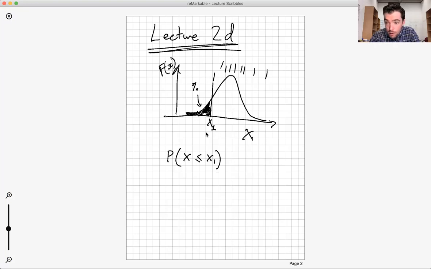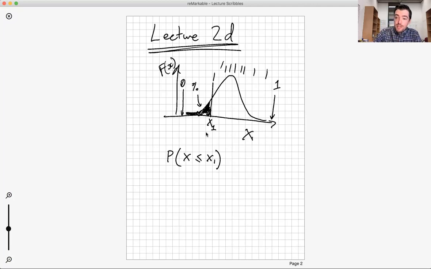Taking this to its logical limits, if x1 is out here, then that probability is 0. So the probability of me observing a variable that is less than or equal to minus infinity is 0. The probability of me seeing a variable that is less than or equal to positive infinity is 1. And these are random draws, right?